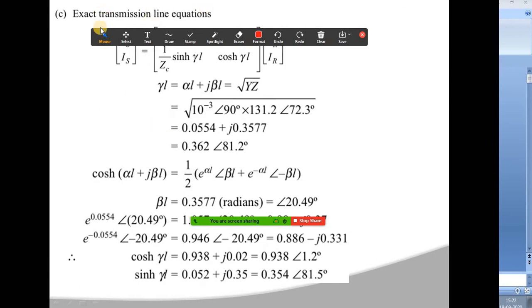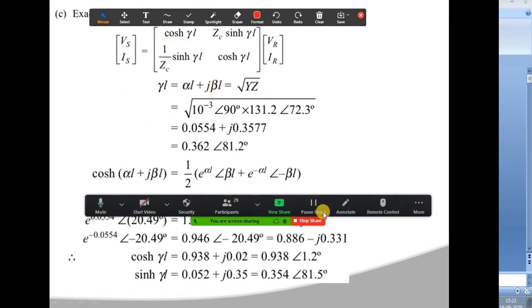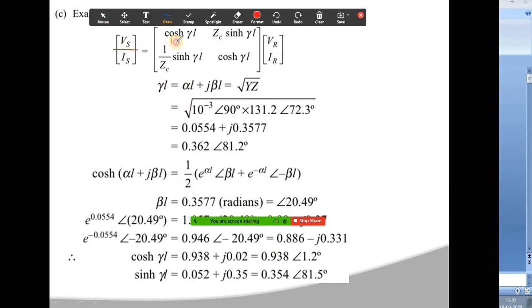From this exact solution, Vs can be written as A into Vr plus B into IR. By using this equation you can calculate the sending end voltage. In a similar way, Is can be written as C into Vr plus D into IR.